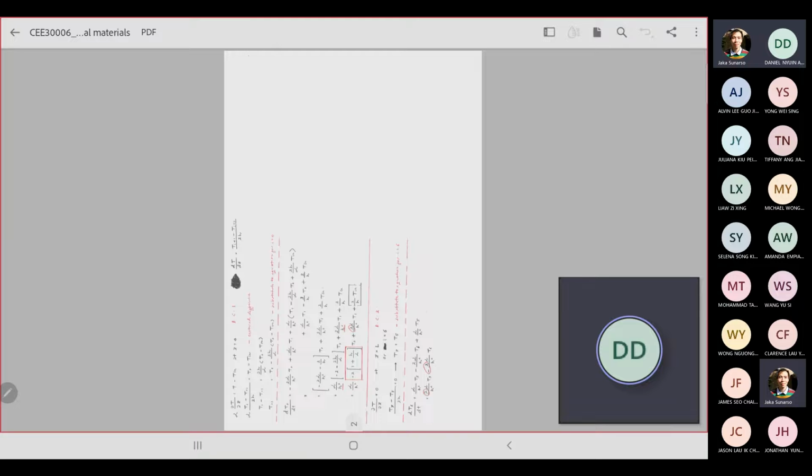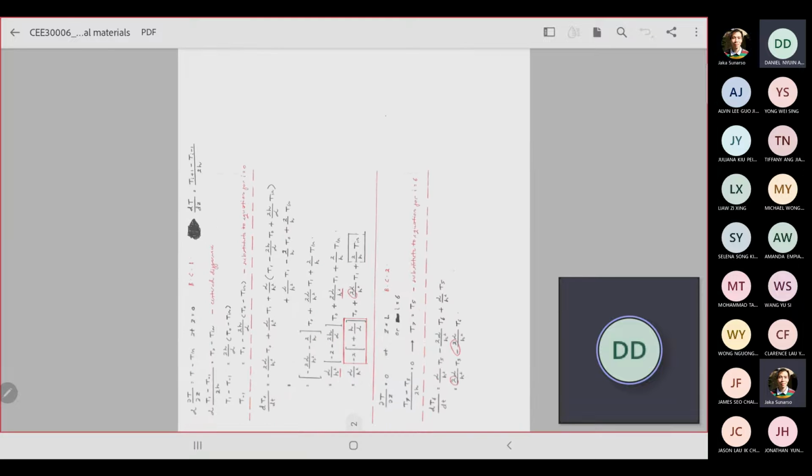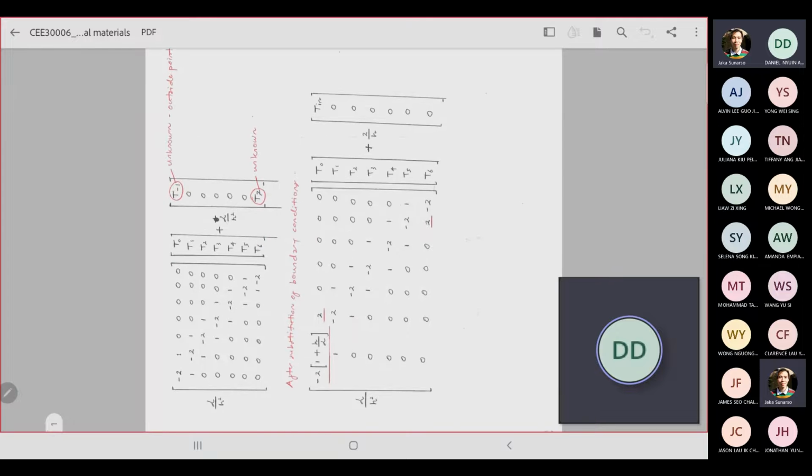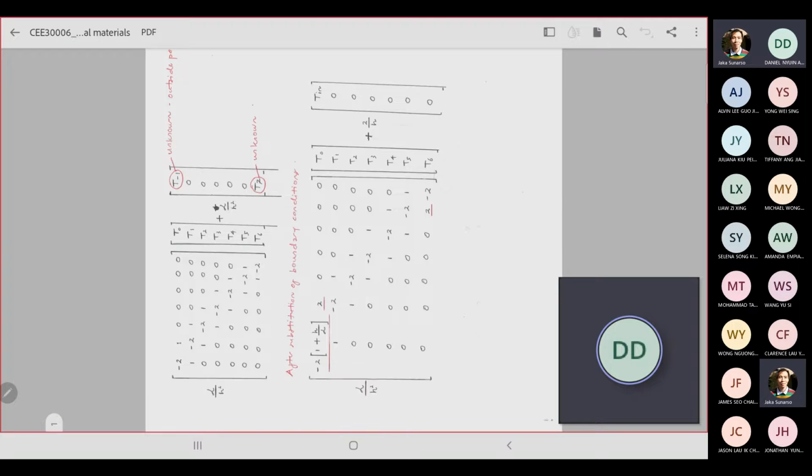Once we do that, then we substitute the boundary conditions into the first grid point and then into the last grid point in here. Then what follows is that at the end, we basically get this particular matrix. The one on the right hand side in here is the matrix where we have unknowns. We have T minus 1 and T7.